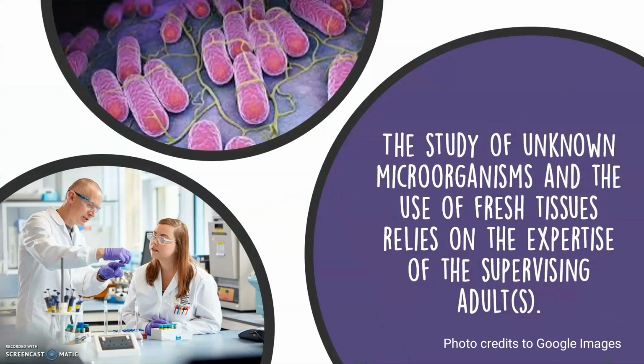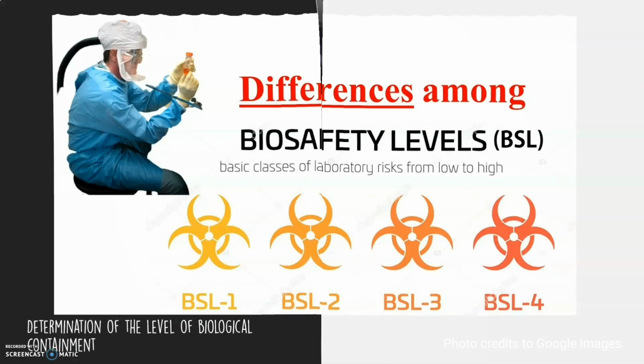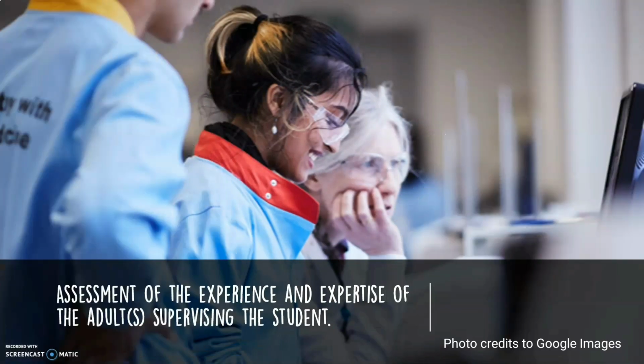The study of unknown microorganisms and the use of fresh tissues relies on the expertise of the supervising adults. Determination of the level of biological containment available to the student researcher to conduct the experimentation. Assessment of the experience and expertise of the adult supervising the student.